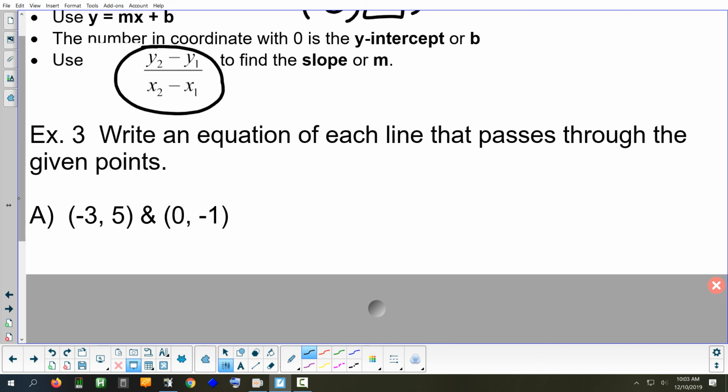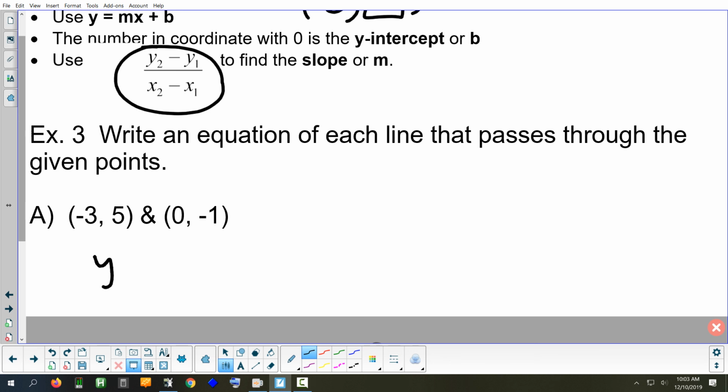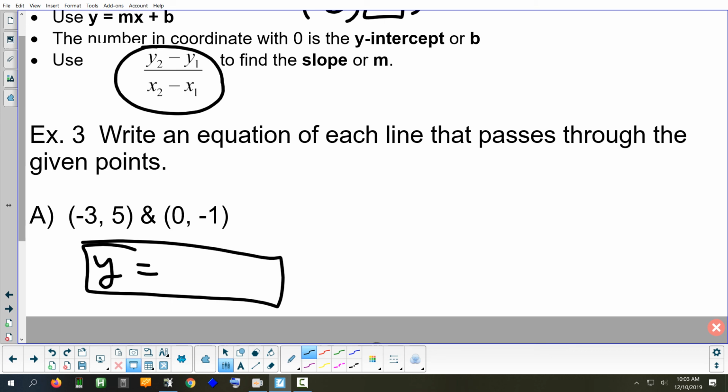What does the equation always look like? It's always y equals. Yeah, so we don't know what the slope and the y-intercept is yet. But we could at least do that. We know it's going to be y equals, and then we got to figure out the rest.